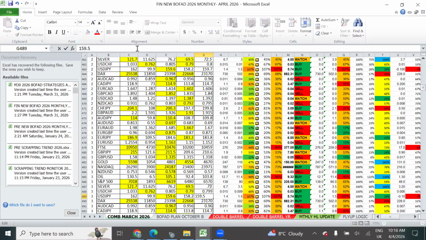Okay, so this one, the high price has changed to 159.9. Sorry, the current 159.7 is the current price. And the highest is 159.9.